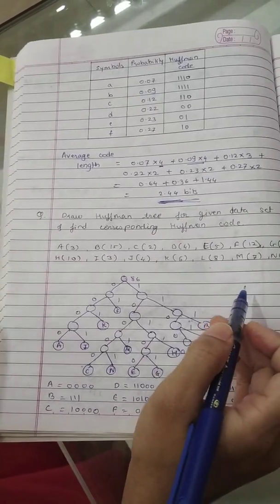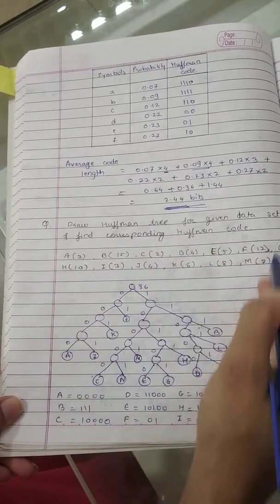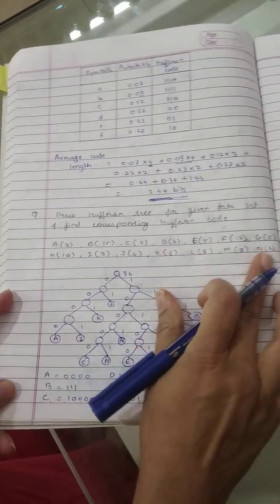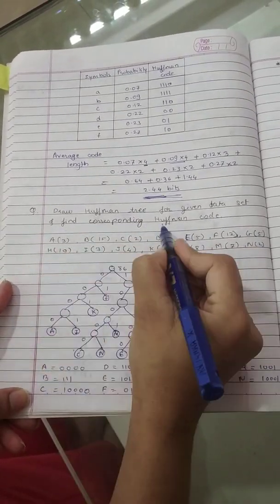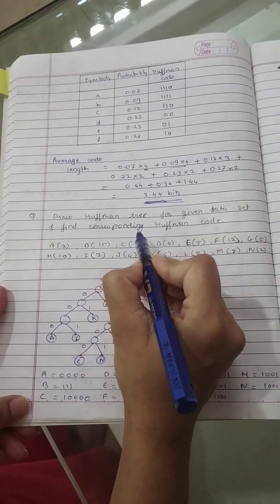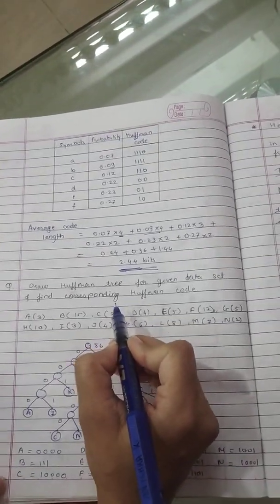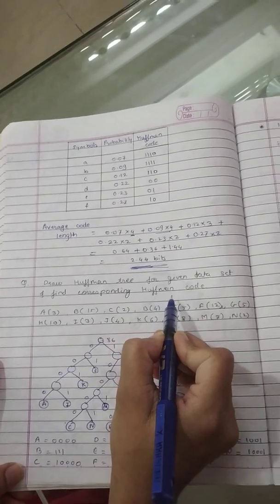Okay. Now you have to solve the given example and upload it on the Moodle. Draw the Huffman tree for a given data set and find the corresponding Huffman code.